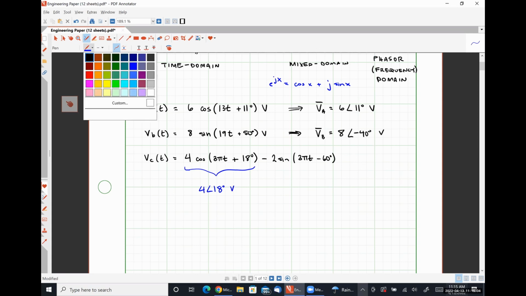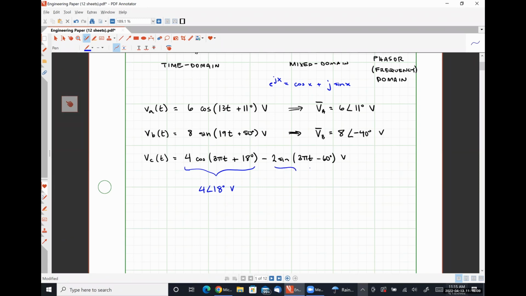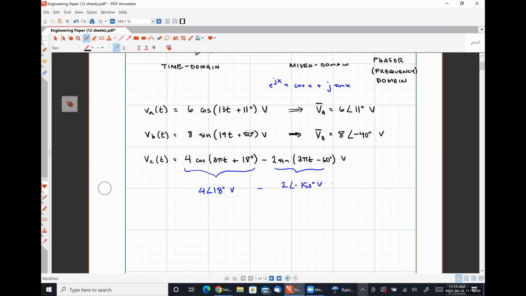I forgot to include units, my apologies. And we could represent this guy right here as 2 angle negative 150 degrees volts. And we're simply taking the difference of those two quantities. And this is math that I can throw in my calculator and do easily, as opposed to having to apply multiple trig identities and coming back around to not really stumbling into the correct answer, but a lot of work going into it. Yes, sir.